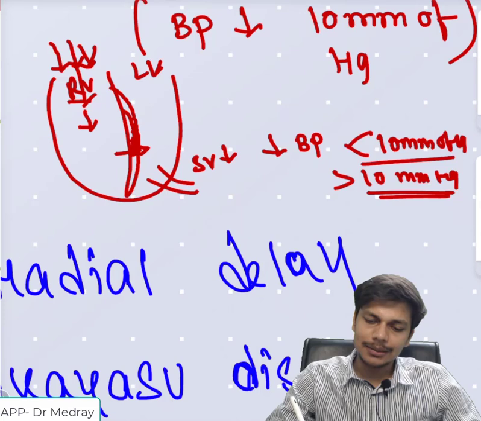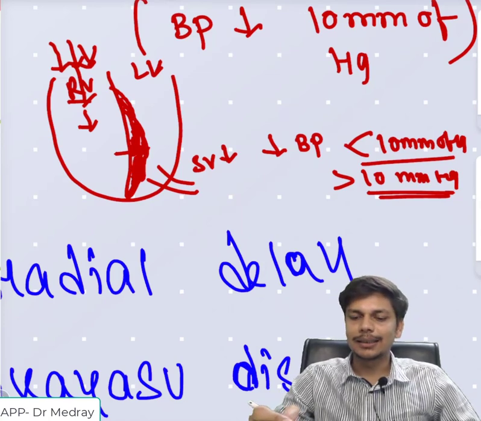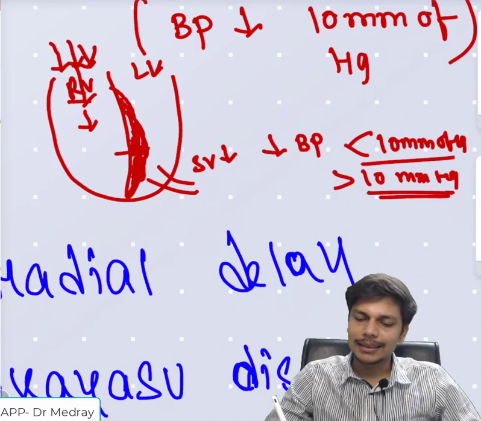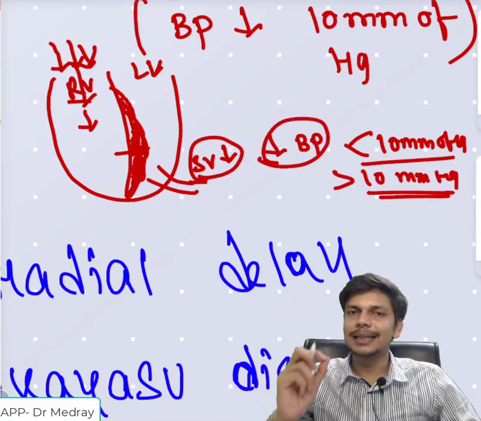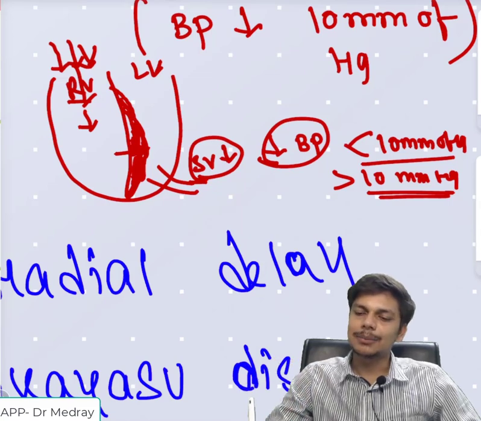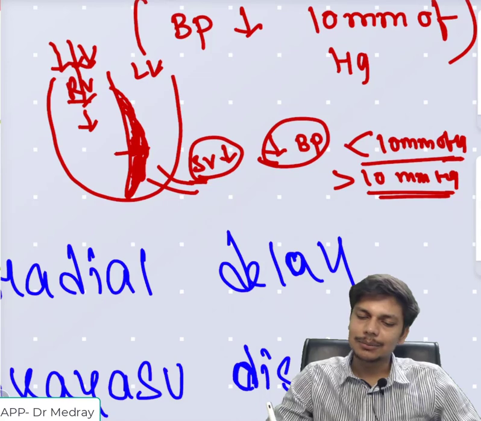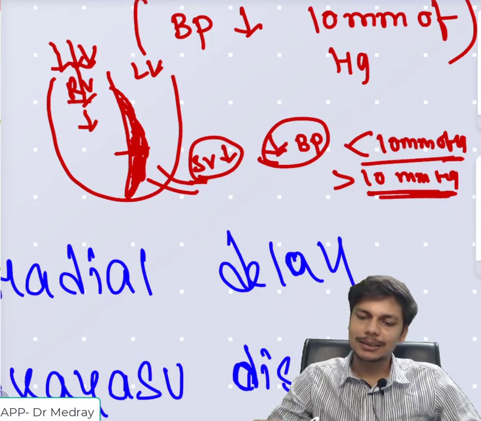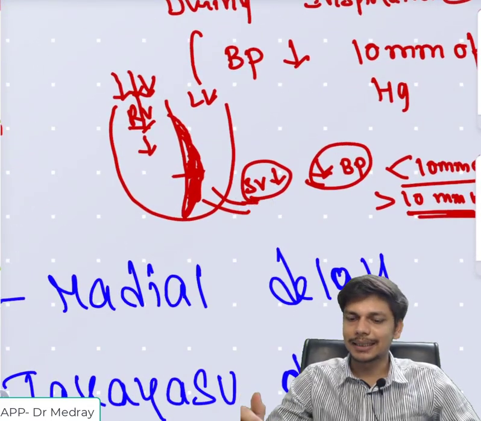When the right ventricular filling is more, the interventricular septum may impinge on the left ventricle, and it will reduce the space of the left ventricle during inspiration, the stroke volume will be less and blood pressure will decrease. But this decrease will be less than 10 millimeters of mercury. If the patient has a decrease in blood pressure of more than 10 millimeters of mercury, this is known as pulsus paradoxus, and it is seen in a patient with constrictive pericarditis.